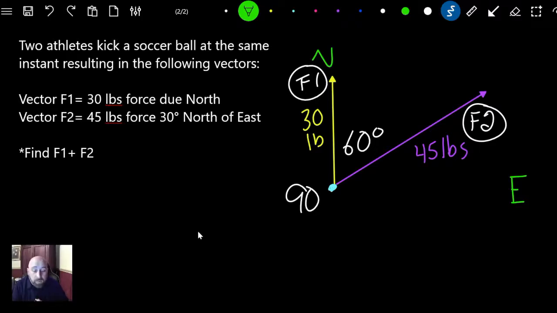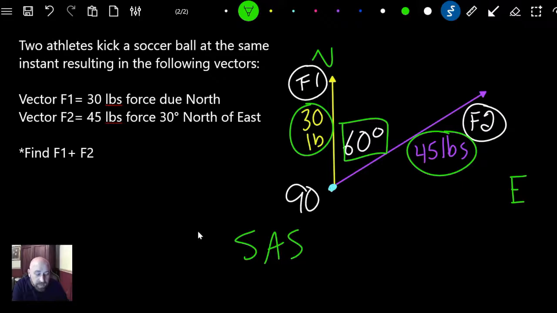And the reason why we want to use the law of cosines is because look what we have. We have a side, an angle, and a side. So we have side, angle, side. When we learned whether to use the law of sines or the law of cosines, we learned that when we have side, angle, side, we need to use the law of cosines.